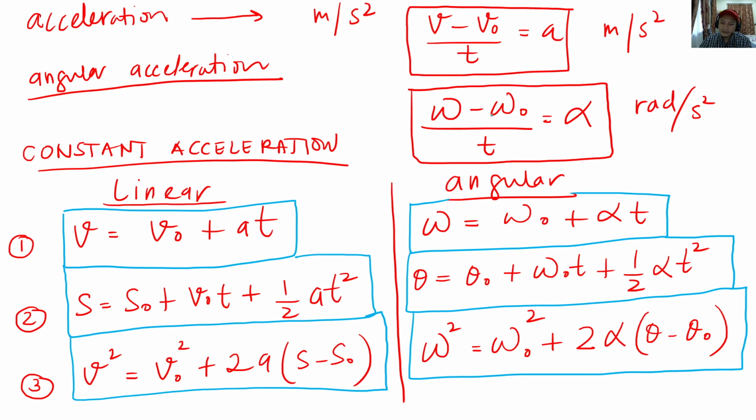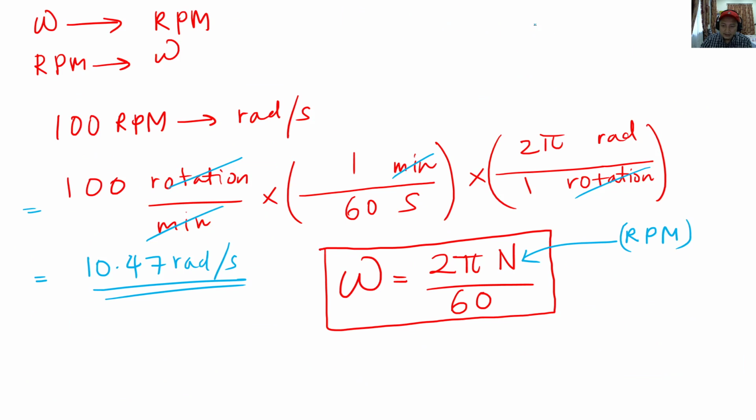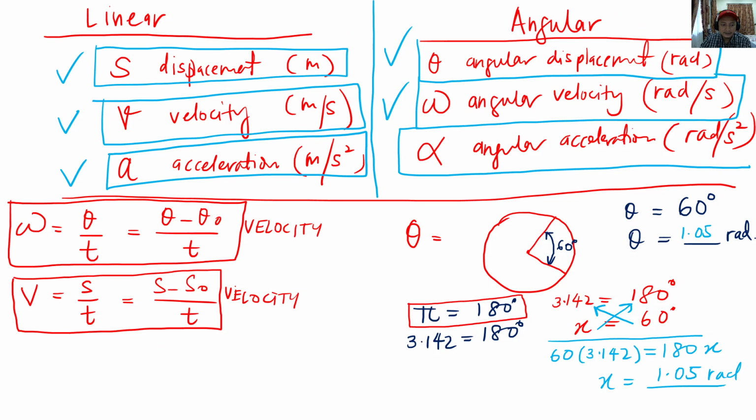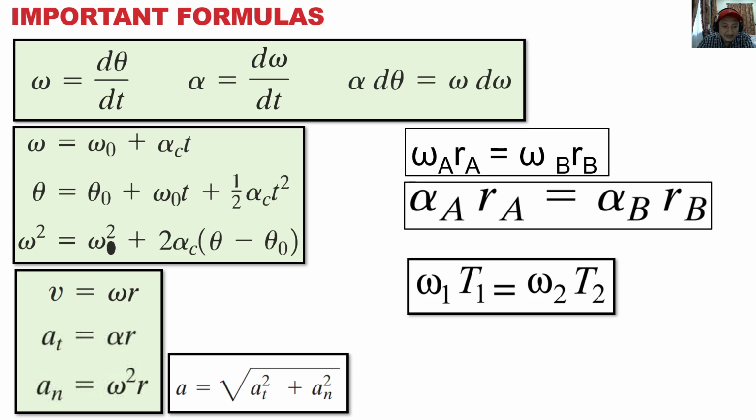Omega minus omega naught, this one is important. This one you know already. This one is crazy important. What else is important? All the rectangular ones are important. And all this important formula, you can find out from here.